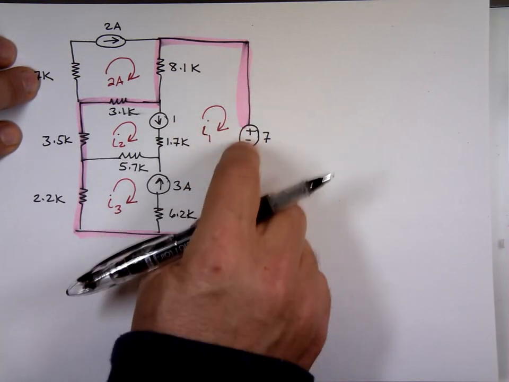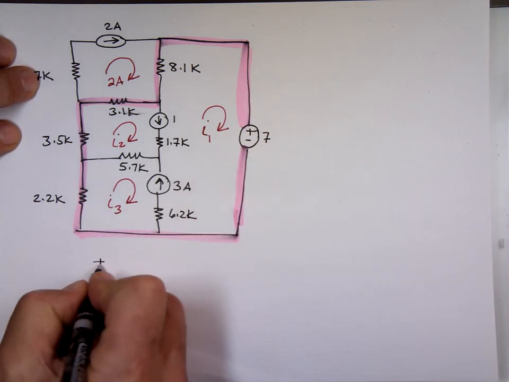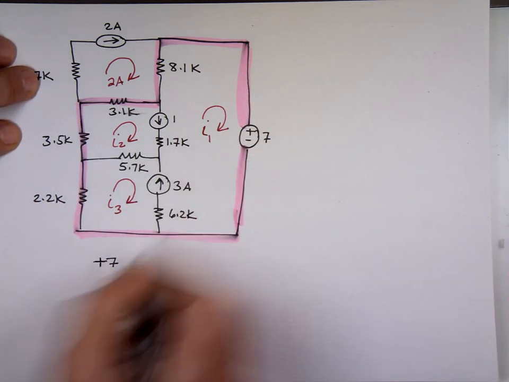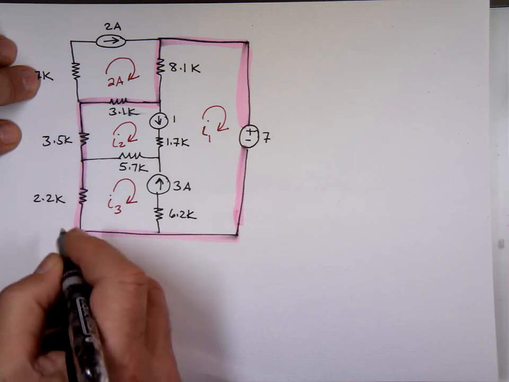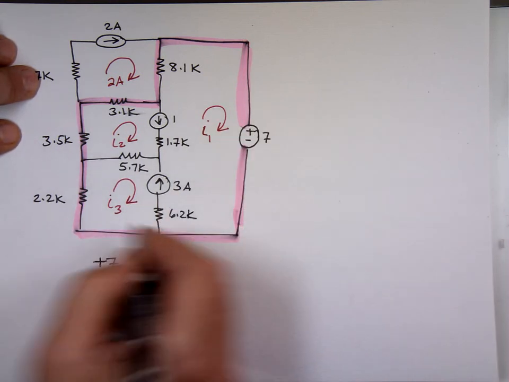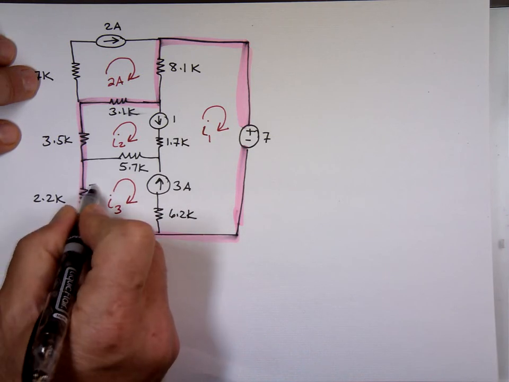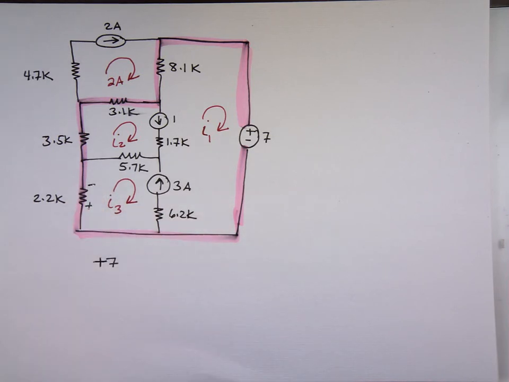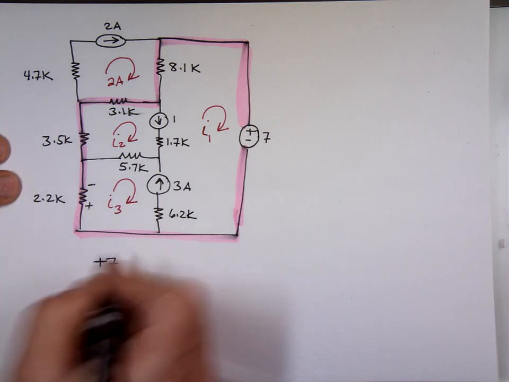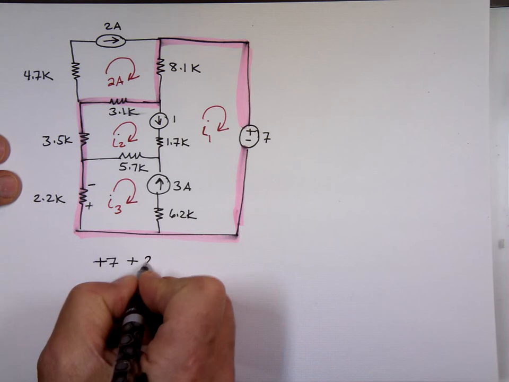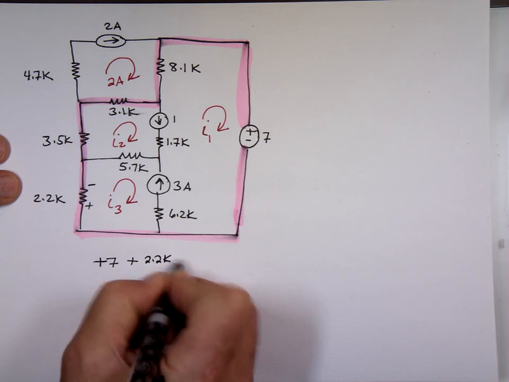I'm going to mark that plus 7, right? Let's continue. I'm going to come this way. I'm traveling clockwise. Going to mark this plus to minus. What's the value of that? Plus 2.2K times what's the current? I sub 3.